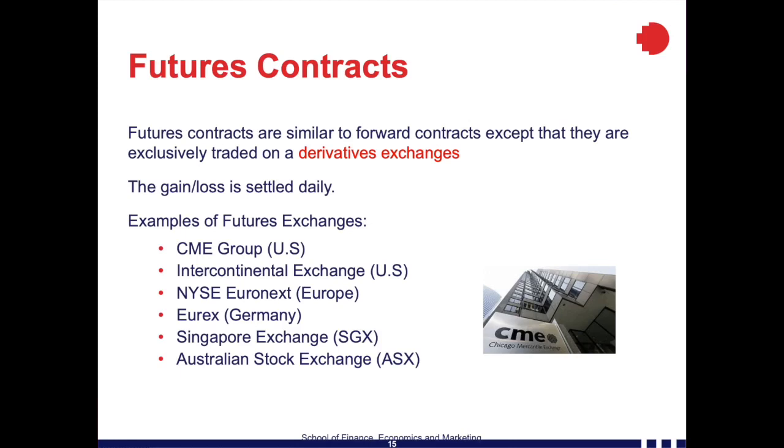But sometimes you need to write a contract on an asset that is not easily accommodated by the exchange, then you have no choice but to go with the forward contract. And in this case, the forward contract will be more appealing because it gives you the flexibility to tailor the contract the way you want, right? On the other hand, if liquidity is a more important factor for you, then you may prefer the futures contract. So it totally depends on the preference and the constraints of each trader, alright?